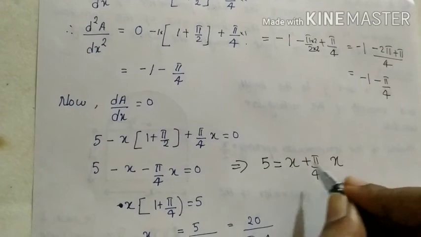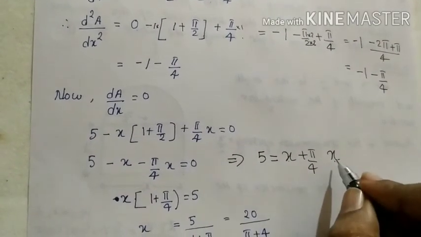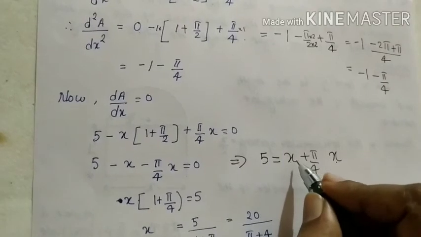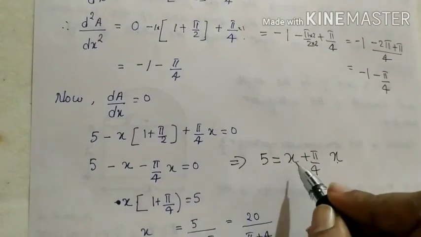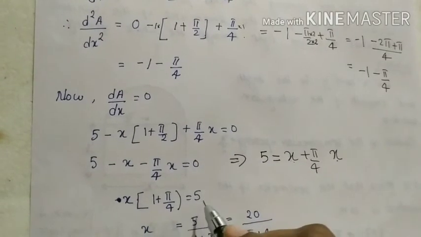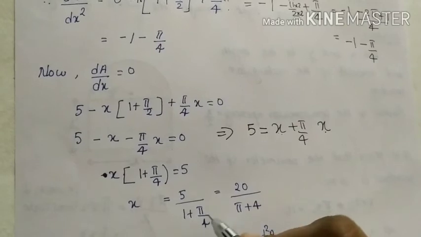Taking x common from these two terms, we get x into 1 plus pi by 4 equal to 5, and from this x equal to 5 divided by 1 plus pi by 4.